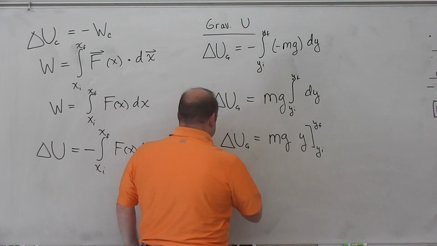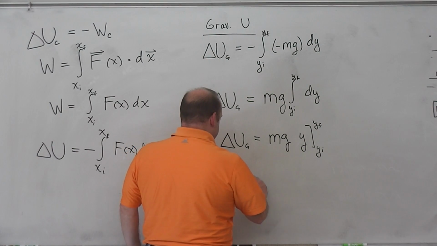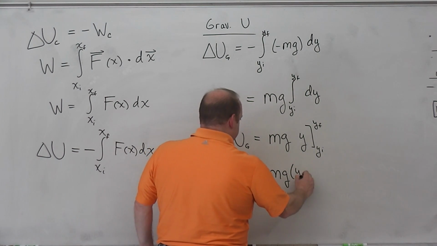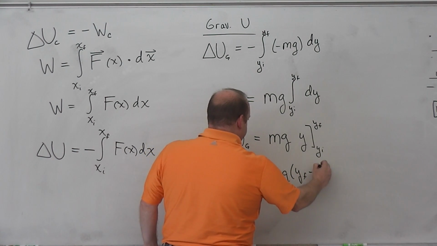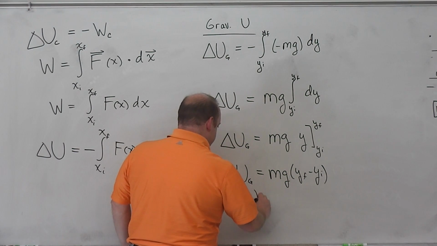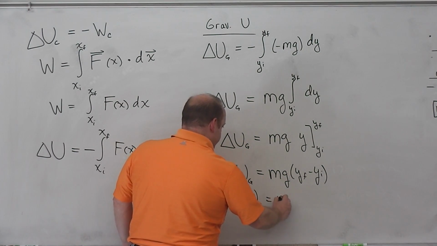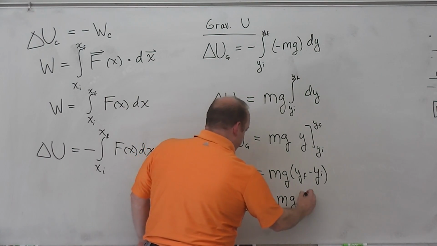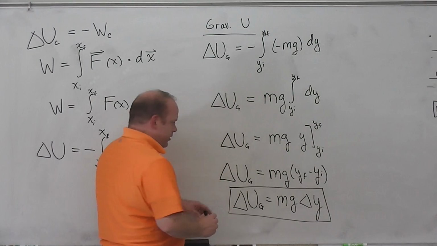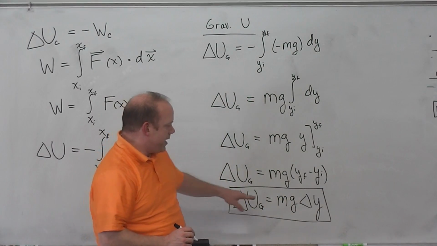So this becomes mg times y final minus y initial, which we typically would write as mg delta y. So the change in our gravitational potential energy will be mg delta y.